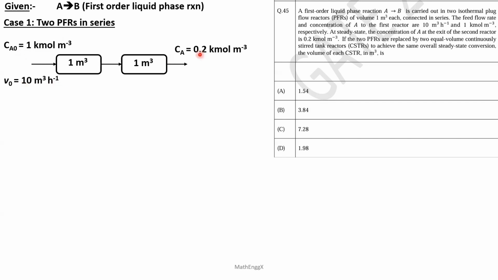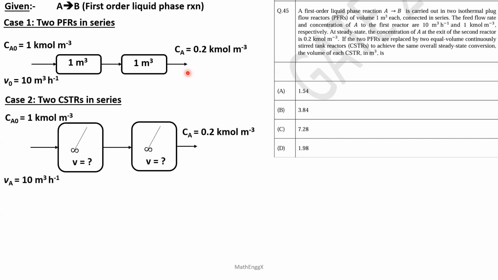The exit condition is given: Ca will be equal to 0.2 kilomole per meter cube. Now, considering case 2, which is a system of two CSTRs in series of equal volume and same inlet and exit conditions, we need to find the value of V. So let's look into the solution to this question.